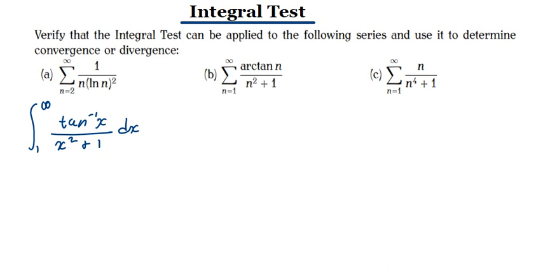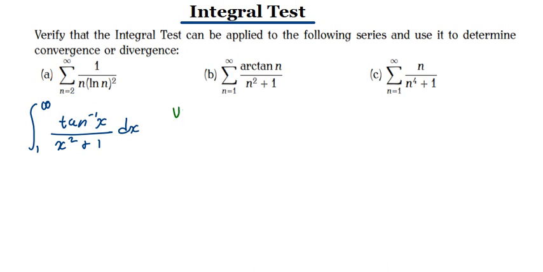Okay, so what do I do? Once again, it's just a matter of what method of integration works well for you. You are at liberty to use whatever method you want, as long as that method saves your time and is efficient. So I'm going to use u substitution again.